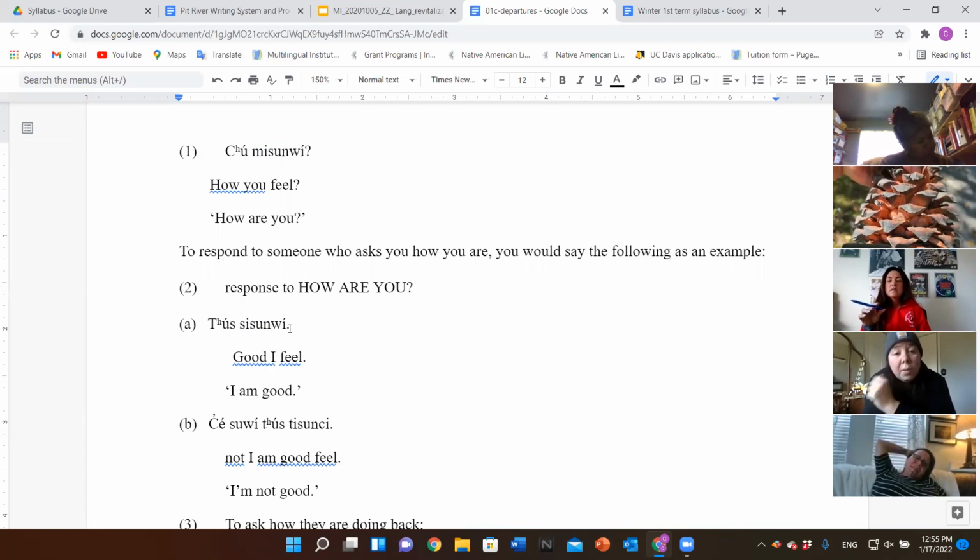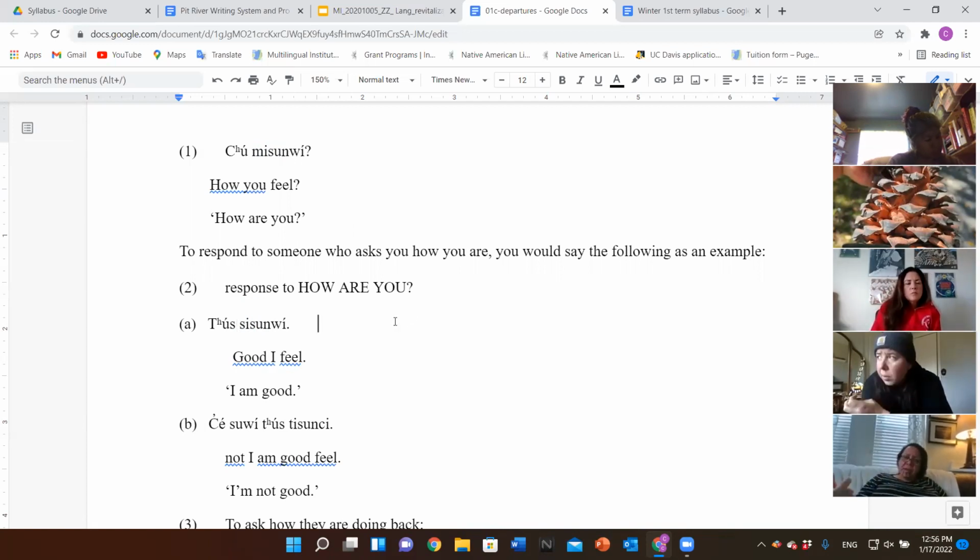So like when you say tusi, so right there when you broke it down, tus, and then si sunwi. So when you say tusi, like good, is that not correct then?